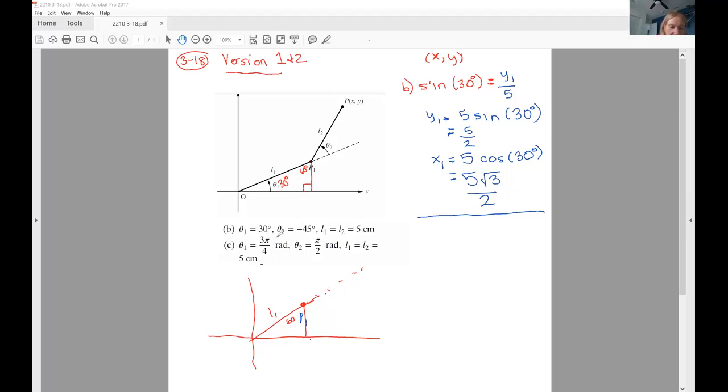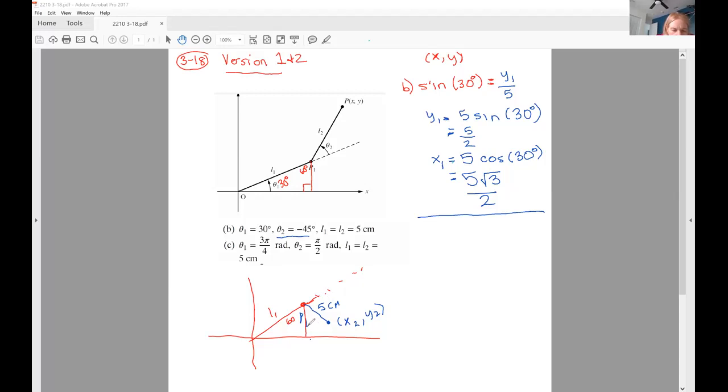Because theta 2 is going negative 45 degrees, it's actually coming down this way. We don't know to where. That's what we're trying to find, this X. I'm going to call this X2, comma, Y2. And wherever that lands after I go down, I already know this is still 5 centimeters.